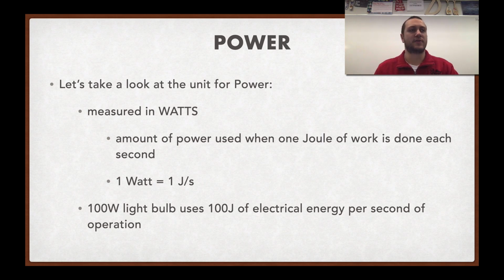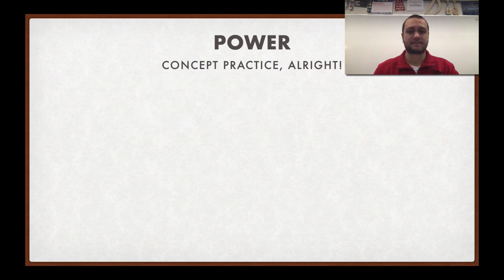So the claims on those will say, yeah, this 23-watt LED bulb produces as much light as a 60-watt LED bulb. So it's using approximately 3 times less energy per second, which over the lifetime of that bulb adds up, and it ends up saving a lot of electrical energy. That's one easy way that you can save energy, by switching over to those LEDs.